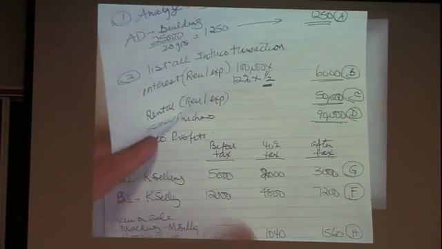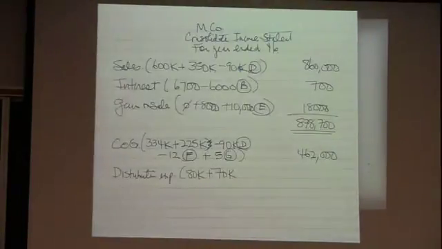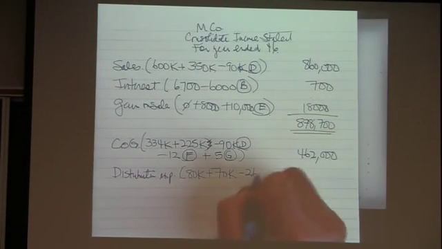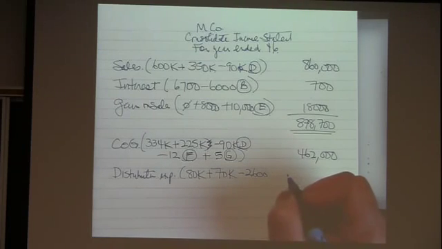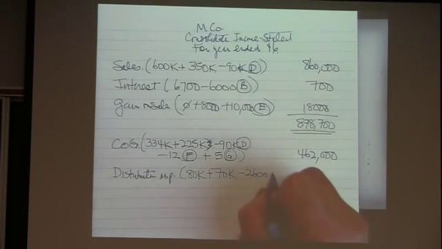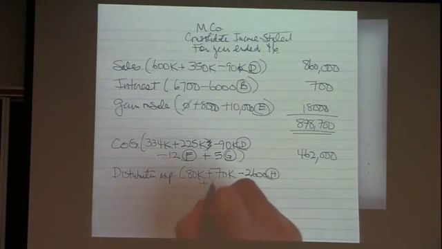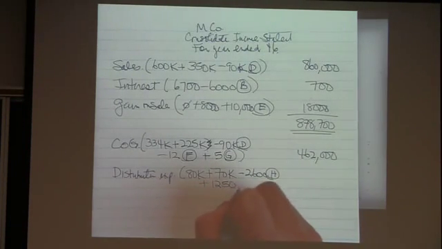Remember, the amortization, we need to adjust for the equipment. We need to adjust down the equipment. So the amortization. So we're going to subtract 2,600 because we've taken too much depreciation. Okay, and we're going to call it letter H. And then we're going to add the AD, letter A.